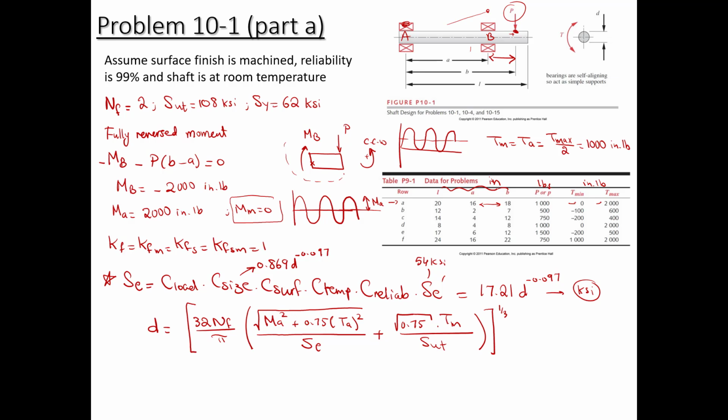Okay, so just make sure that when you substitute this one down here, you multiply it by 1,000 to have the right units. So how to solve it?